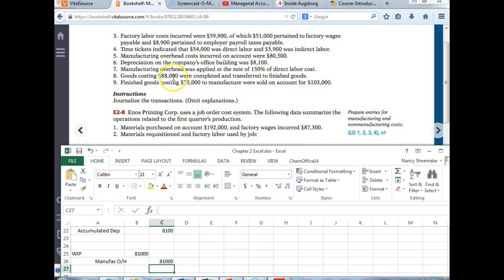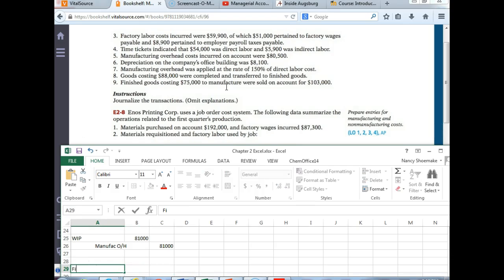Number 8 says goods costing $88,000 were completed and transferred to finished goods. So we debit finished goods of $88,000. We credit WIP. Finished goods costing $75,000 to manufacture were sold on account for $103,000.